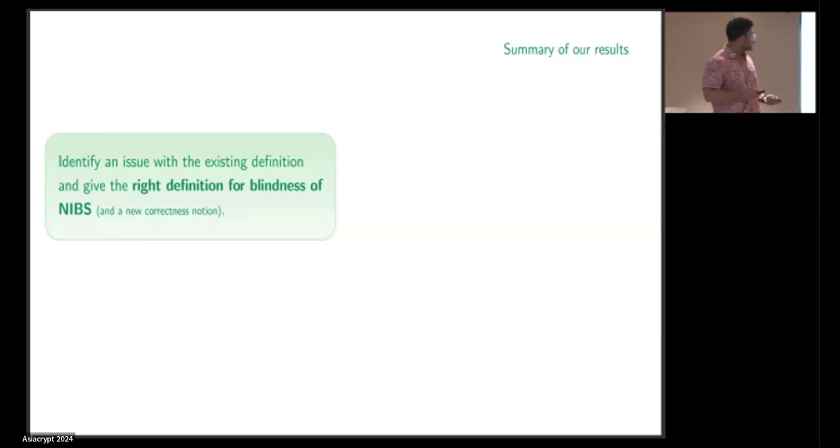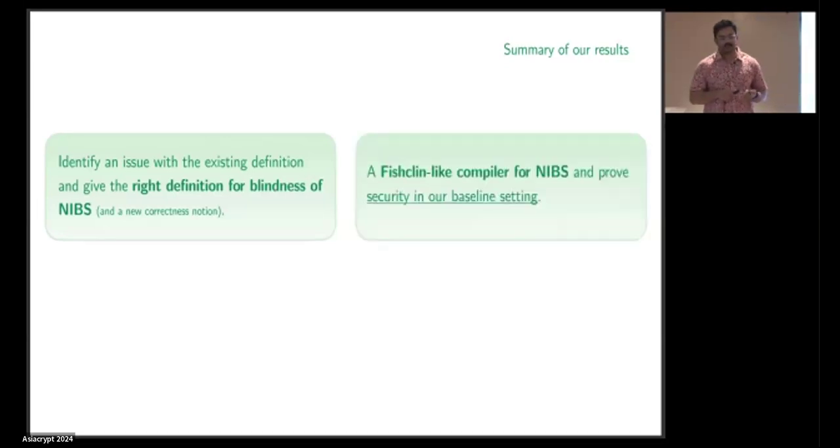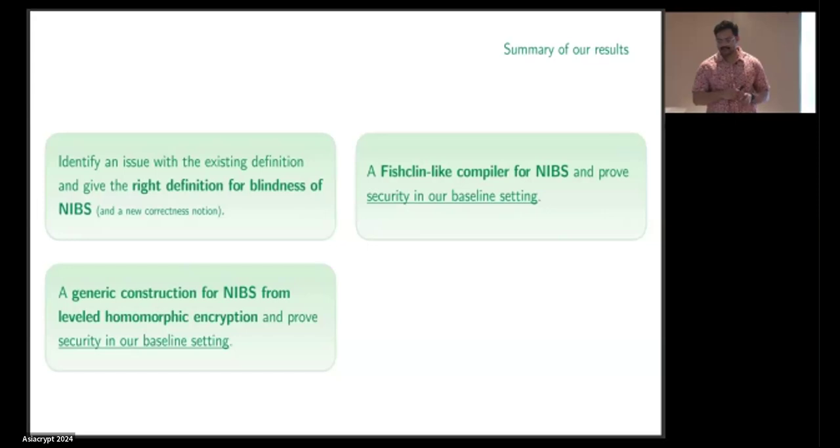To summarize our results, we identify an issue with existing definitions and give the right definition for blindness. We also give a new correctness notion, which I didn't talk about. We give a Fischlin-like compiler and prove security in this baseline setting.